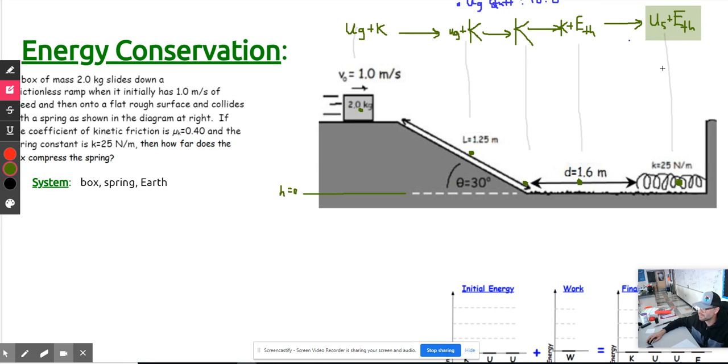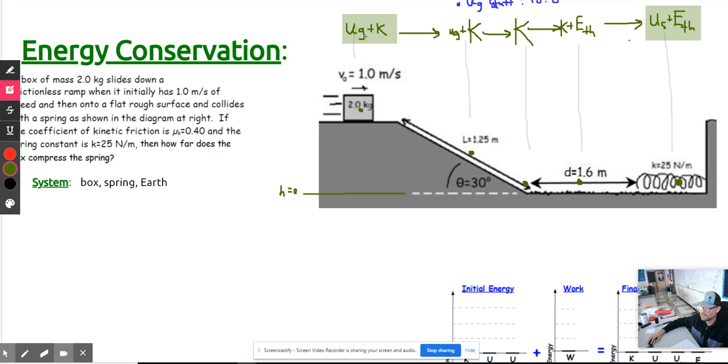This point contains my unknown that I want to solve for. And I'm never told any information about the speed of the block during these points, but I do know everything about where this is. I know how high up it is, and I know how fast it's going. So we're going to include this because it has lots of known information.